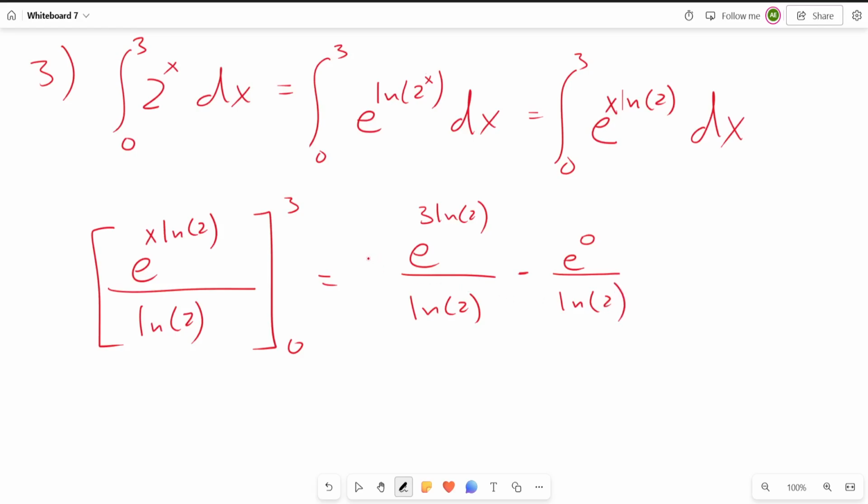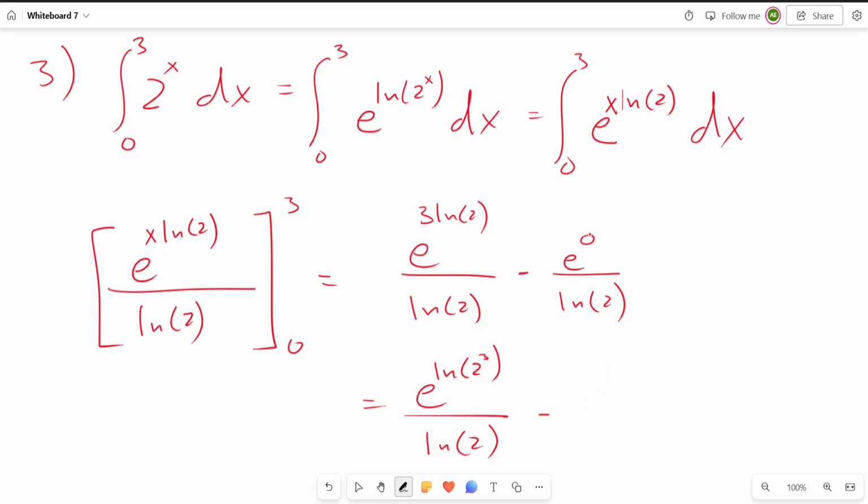So over here, what I can do is I can remember this property. I can reverse it over here to make this 3 go to the power position. So it's going to equal e to the power of ln of 2 power 3 over ln of 2.